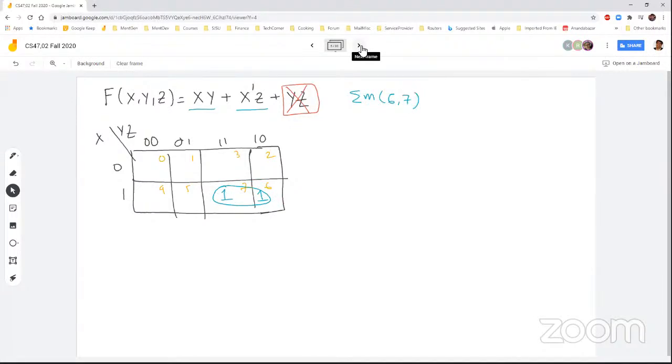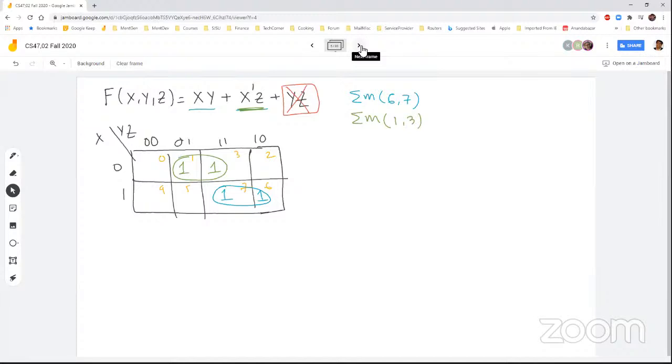And how about the next one? Next one is x bar z. That means x bar and z at 1, with y varying. So it must be this, sigma m 1, 3. So this group gives you x bar z.